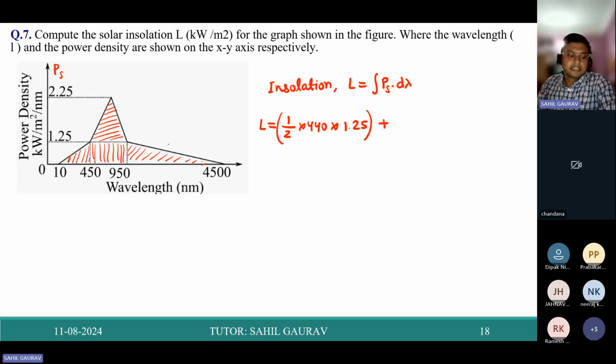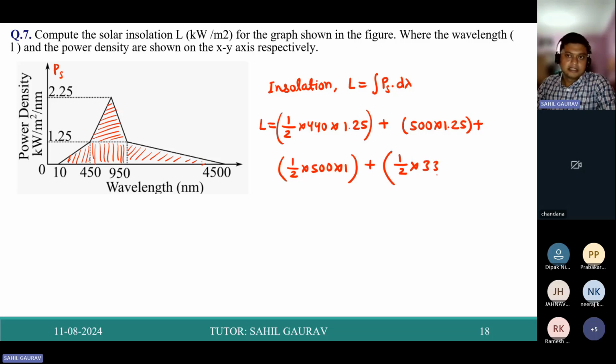Now the area of the rectangle we can write as 500 into 1.25. And now we can find the area of the top triangle, so it is half of base 500 and height 1. And for this last triangle, half of 1100 minus 950, so it is coming as 350, and the height is 1.25.